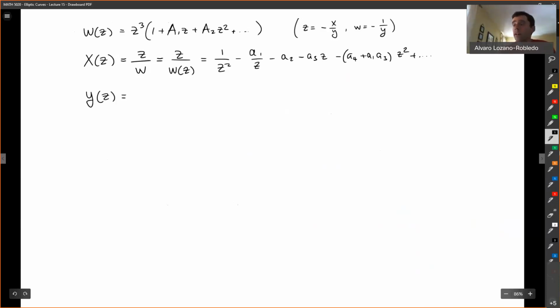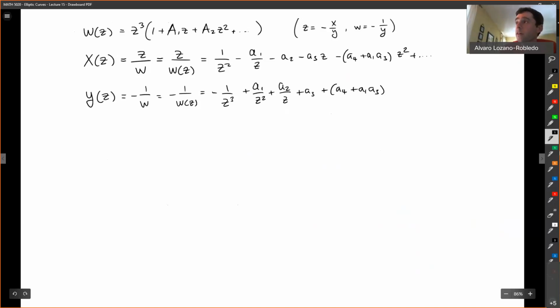The y coordinate is minus 1 over W, which is minus 1 over WZ, which is minus 1 over Z cubed plus A1Z squared plus A2Z plus A3 plus A4 plus A1 A3 Z plus dot dot dot.